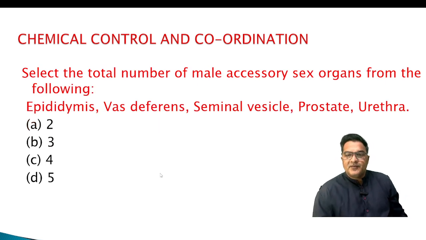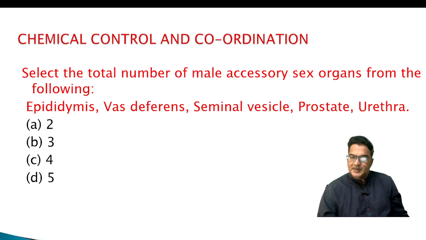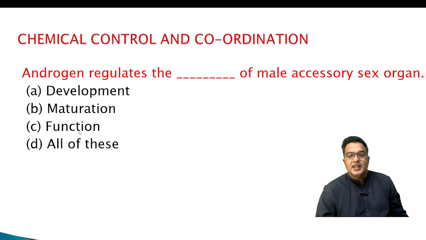Select the total number of male accessory sex organs from the following: epididymis, vas deferens, seminal vesicle, prostate, urethra. We can say these are accessory sex organs. The main primary sex organ is the testis.